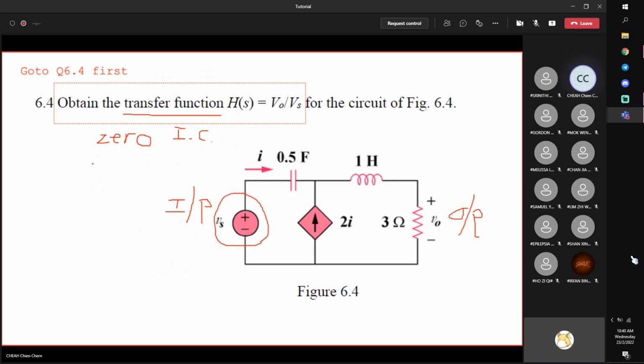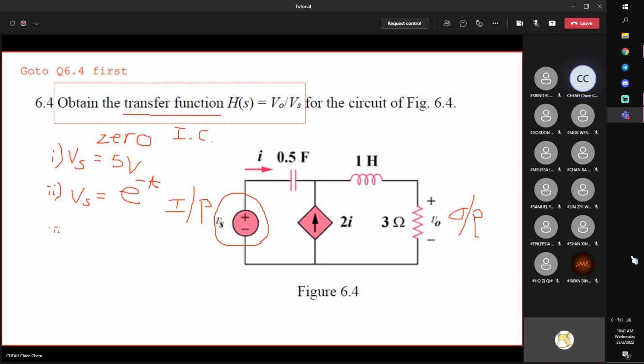For example, if I give you a question that says, part 1, obtain the output for a DC input Vs equal to 5 volt. And also obtain the output for Vs equal to an exponential term.